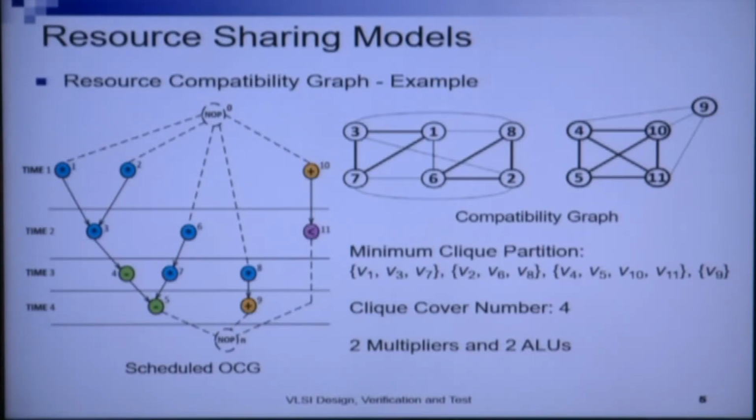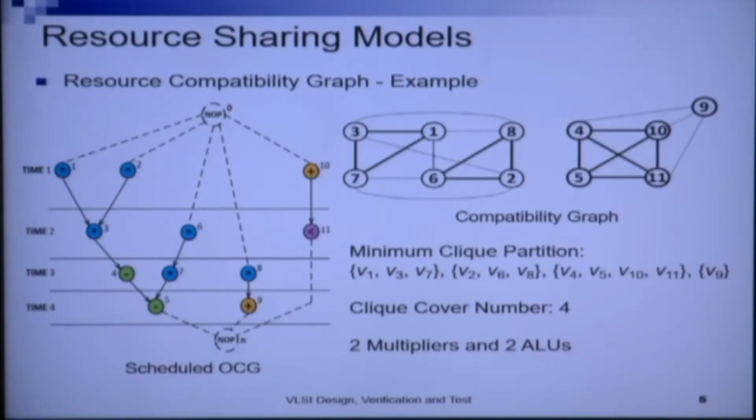Now, what is the minimum clique partition in this graph? We have here V1, V3, V7, the ones with emboldened edges. These complete subgraphs with emboldened edges form the cliques.